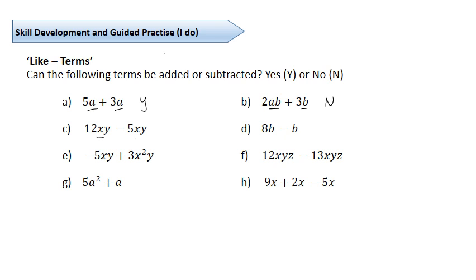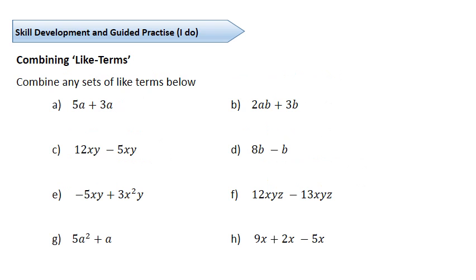C has an xy, xy, so like terms, yes, they can be. B and b, yes. xy, x squared y, no. xyz, xyz, yes. A squared and a by itself, no, they're different. x, x, x, yes.